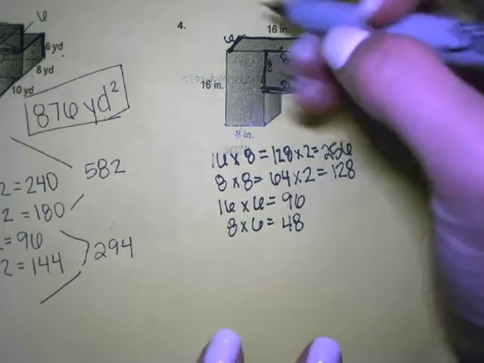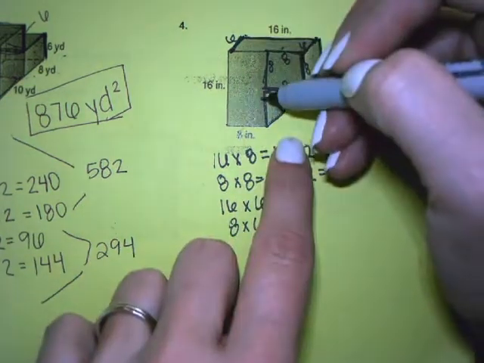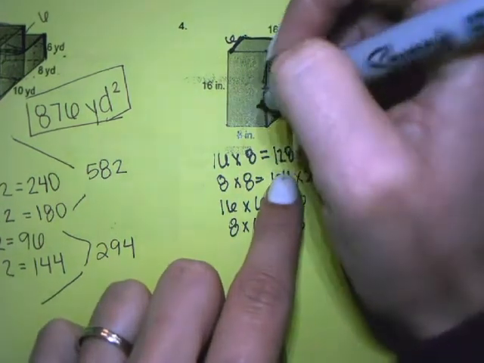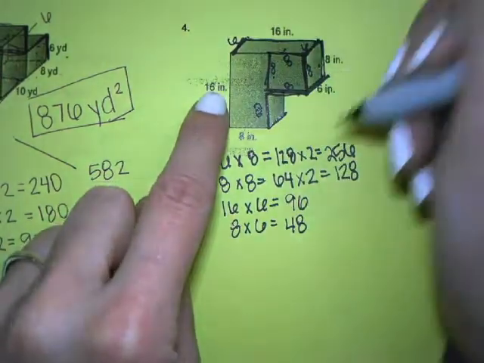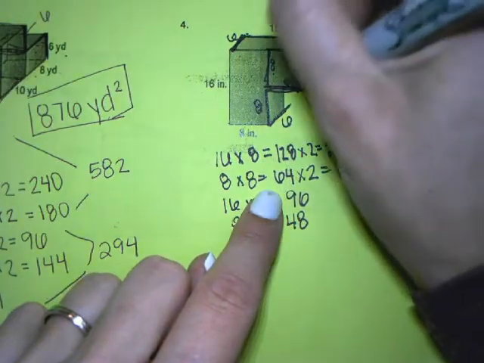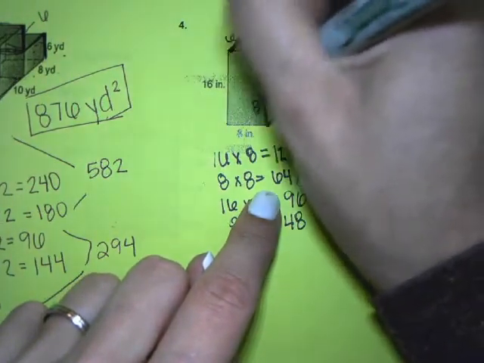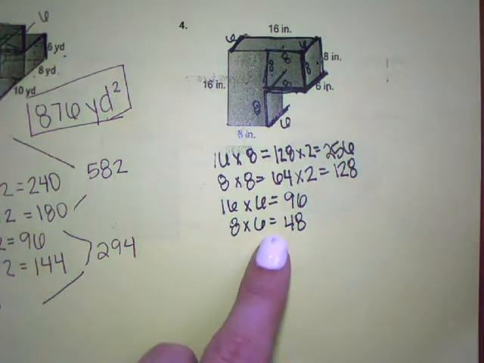Okay, what about this one right here? I don't have these lines labeled. So what's this line? 8, because 8 plus 8 is 16, correct? And then what about this line? 6, because this line is 6. So that means this line going that way is 6, which means that is a 6. So now how many sides are 8 times 6? 3.